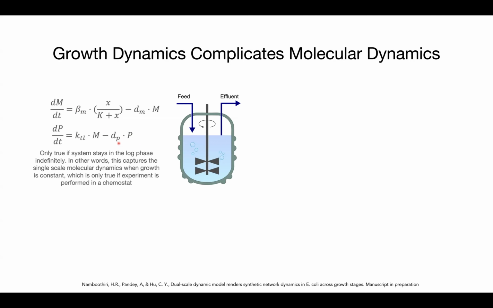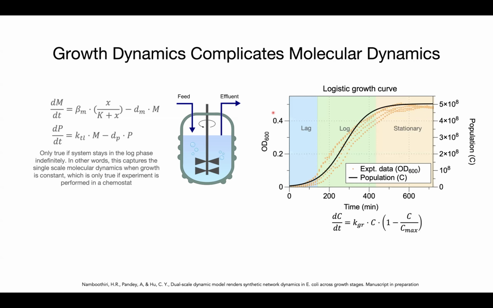In other words, this captures the single-scale molecular dynamics when growth is constant, which is only true if the experiment is performed in a chemostat. And this is a chemostat. You have a fresh feed that goes into the tank where your cells are growing, and you constantly pump out the content.